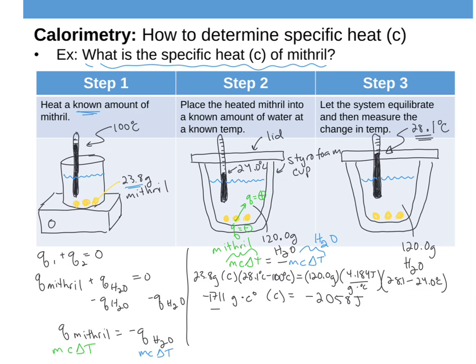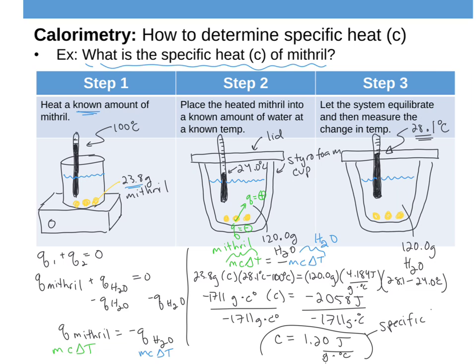And so I need to isolate C, so I'm just going to divide by 1711 grams times degrees Celsius. And so I get that my specific heat for mithril is 1.20 joules per gram degree Celsius. That's my specific heat for mithril.